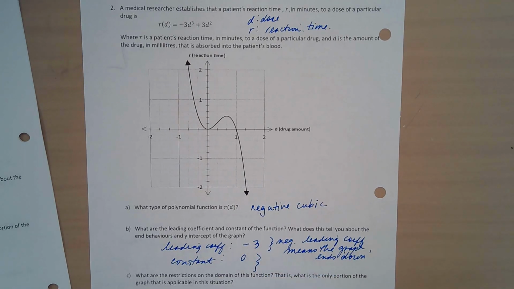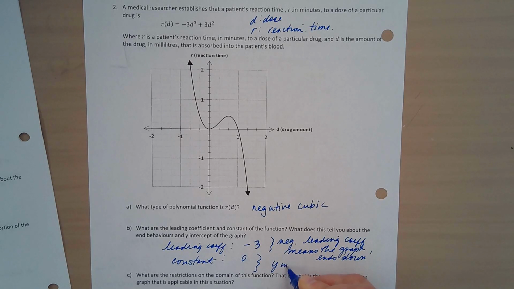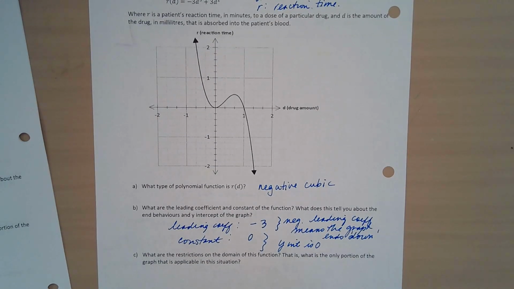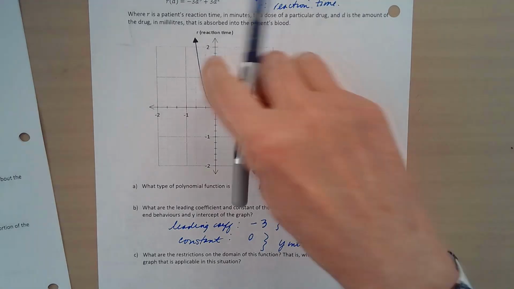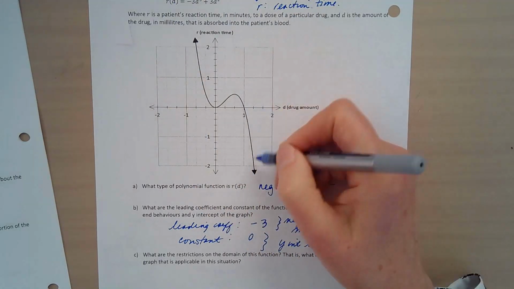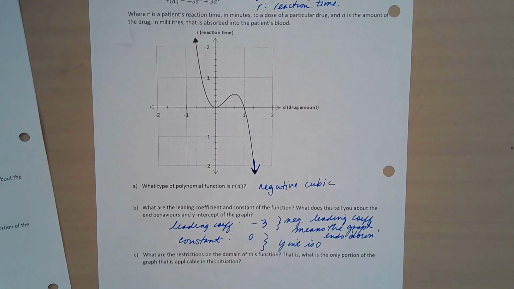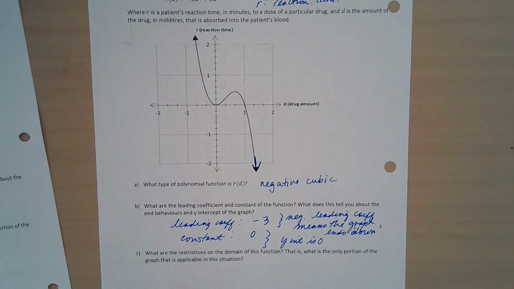And if the constant's 0, it means the y-intercept is 0. You say negative 3 means the graph ends down. Yeah, so when we read the graph left to right, the rightmost portion of the graph is ending down. That's what happens when we have a negative leading coefficient.